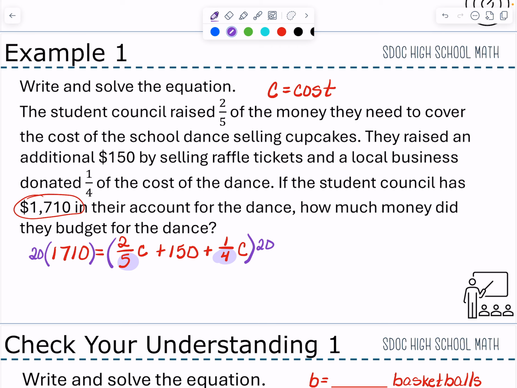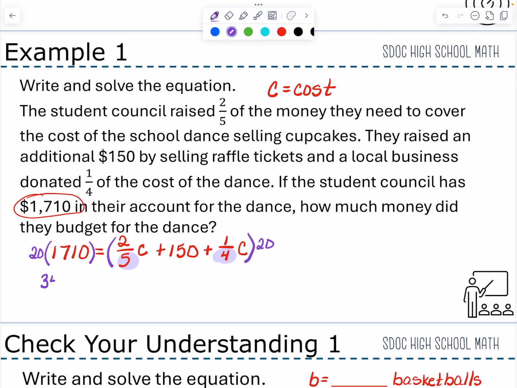So 20 times 1,710 is 34,200. 20 times 2/5 gives me 8C. Remember, 8C is for cost. 20 times 150 gives me 3,000.